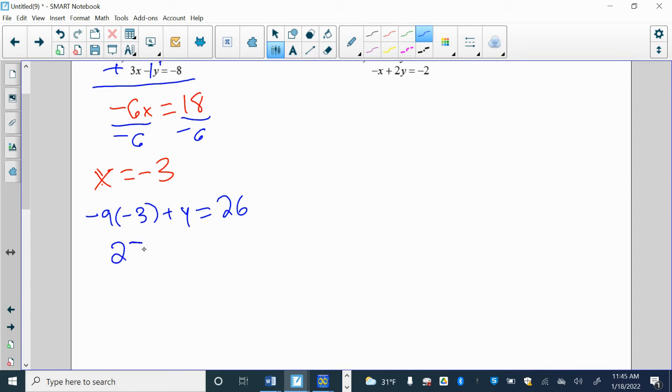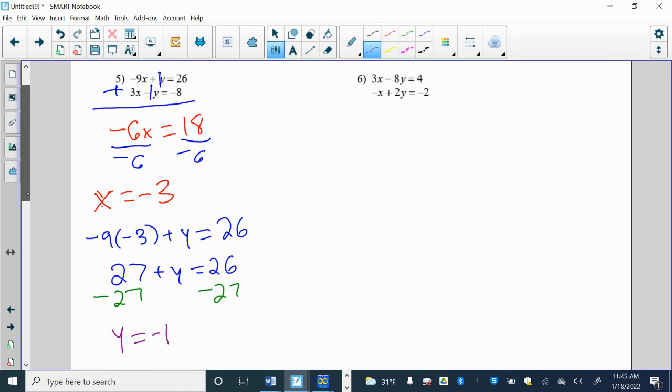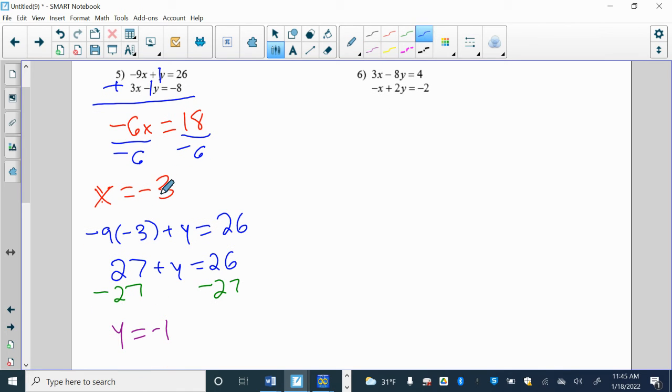Multiply. It's 27 plus y equals 26. Subtract over the 27. Y is negative 1. So then our answer, x comma y, is negative 3, negative 1.